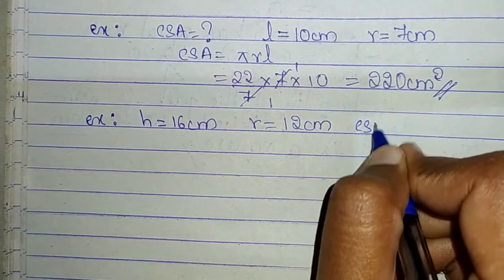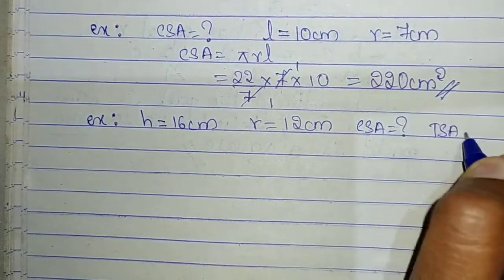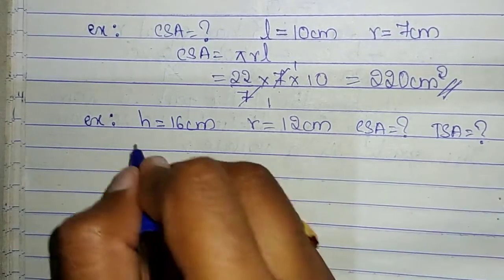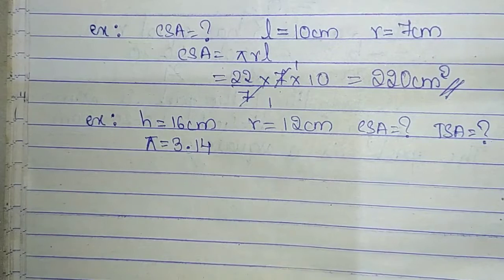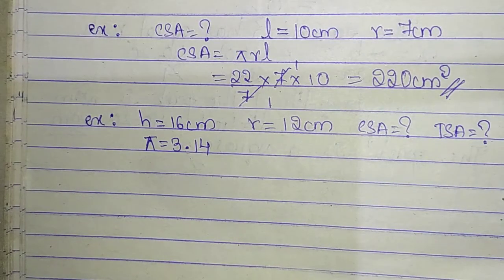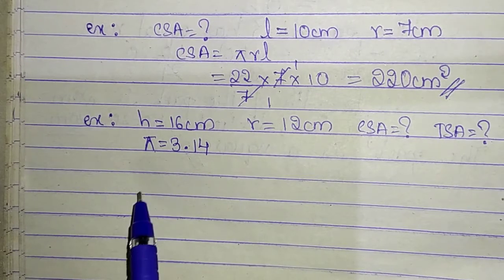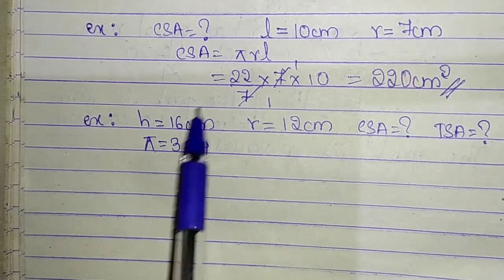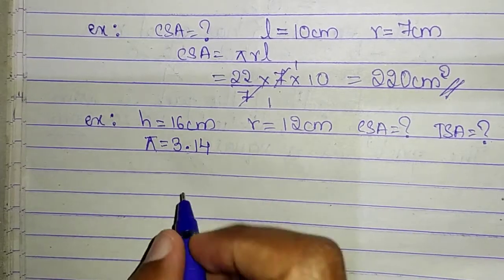So they have asked us to calculate CSA and TSA. And they also told us to consider pi to be equal to 3.14. Unless they mention to consider pi to be 3.14, use value of pi to be equal to 22 by 7 only.